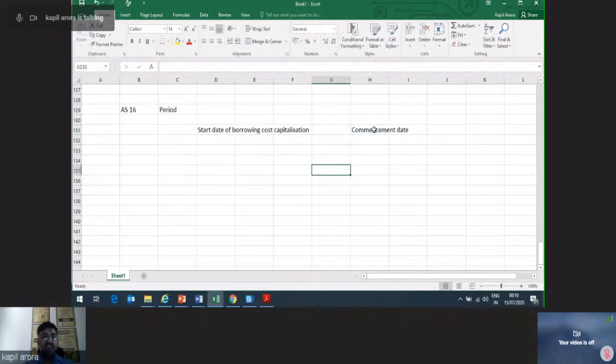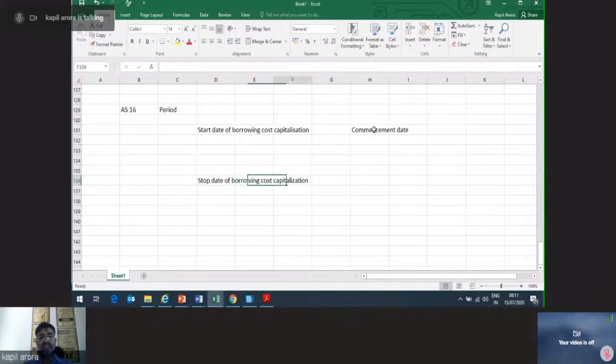Then it says, if the start date is known, what should be the date of completion, or the date when we stop the borrowing cost capitalization? So I need to know the start date and I need to know the stop date.